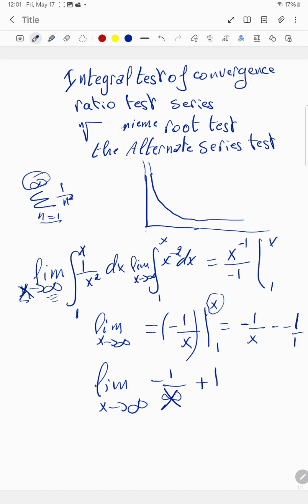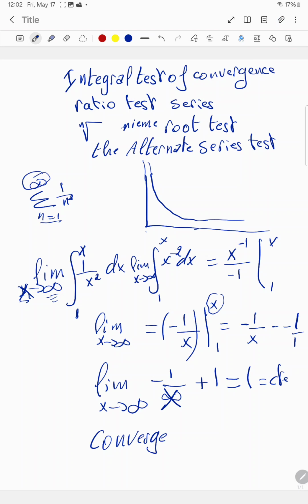When x goes to infinity, 1 over infinity is 0, so the limit is equal to 1. And since 1 is a constant, we say that this series converges.